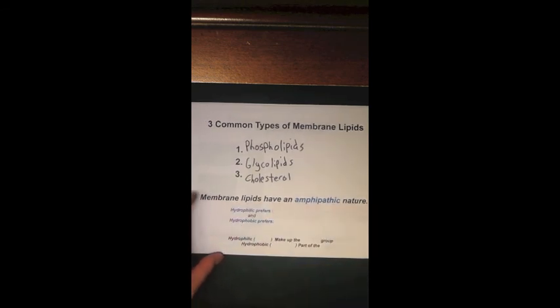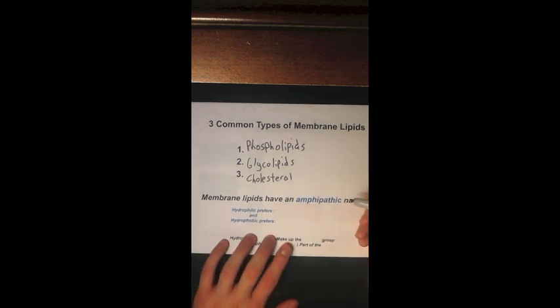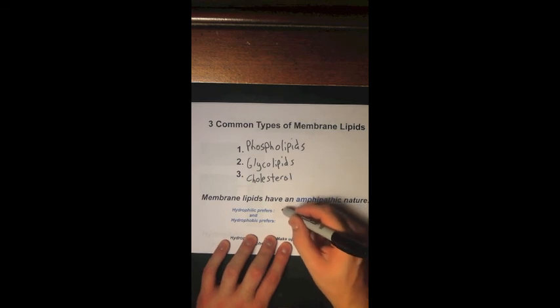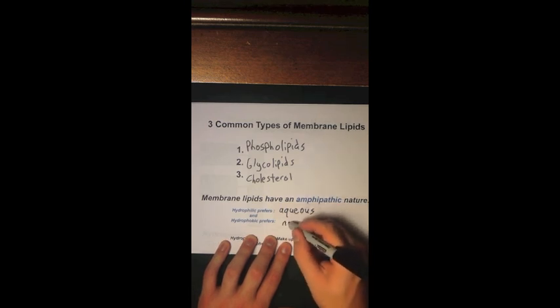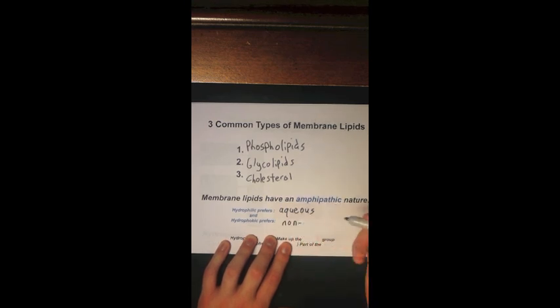Amphipathic just means that they have both hydrophilic and hydrophobic parts to the molecule itself. So hydrophilic, as most of you probably know, prefers an aqueous environment, while hydrophobic would prefer a non-aqueous one, which is fairly apparent if you have any grasp on Latin at all.